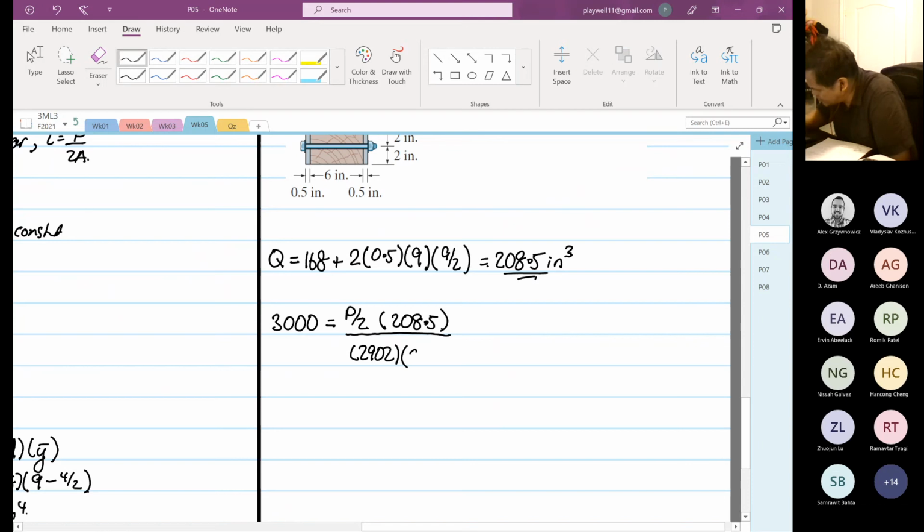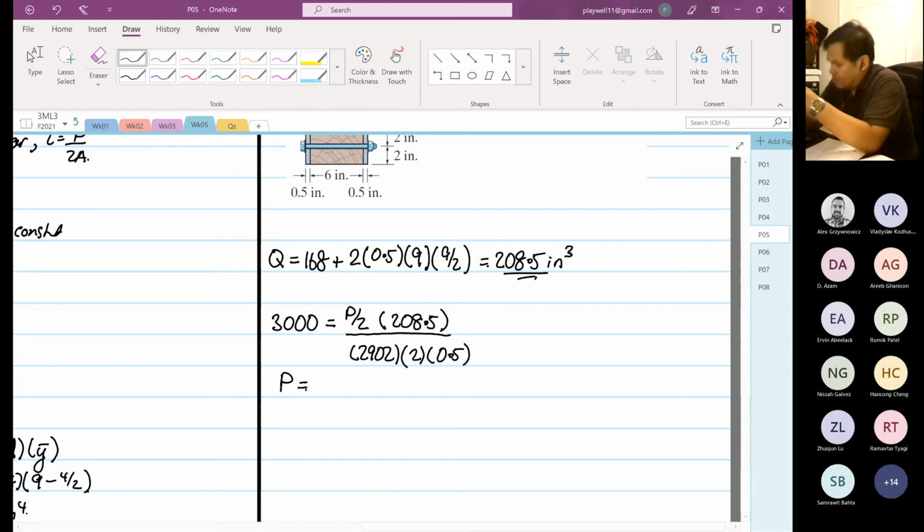Thickness is twice 0.5. Right? So P is equal to 3,000 multiplied by 2902 multiplied by 2.5 divided by 208.5 divided by 2.